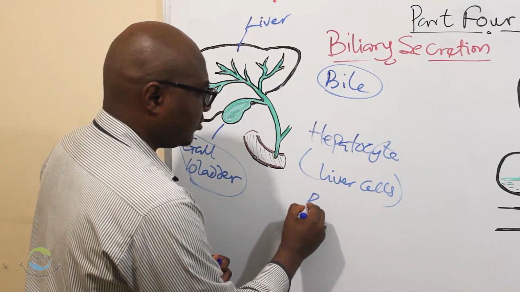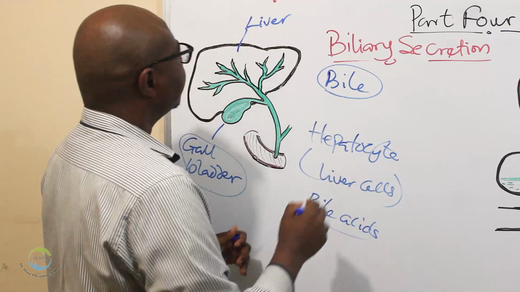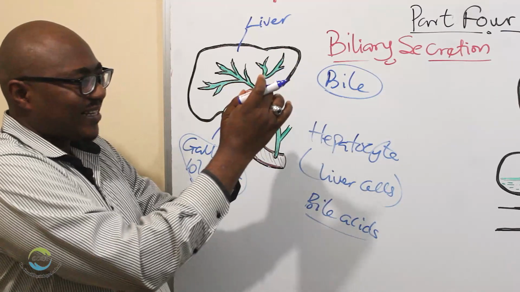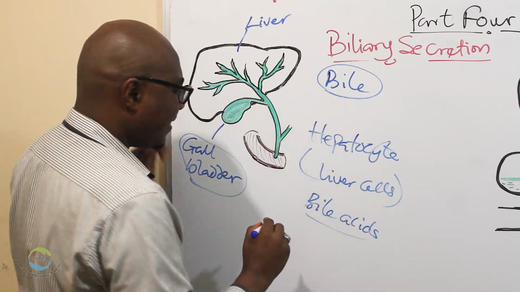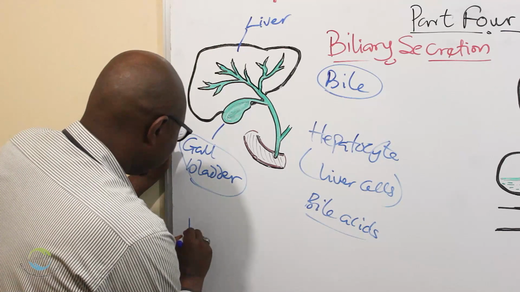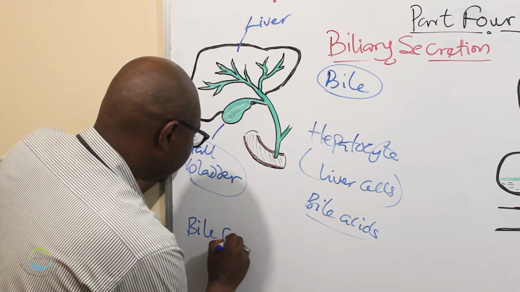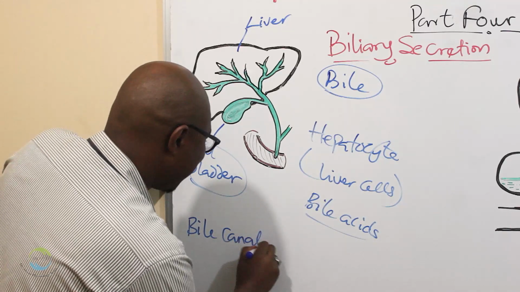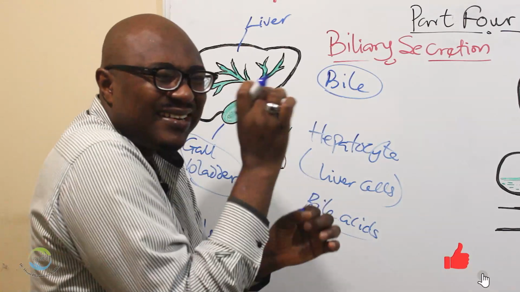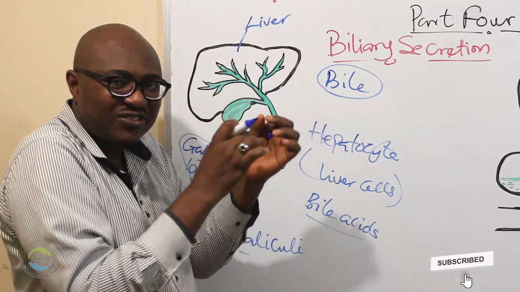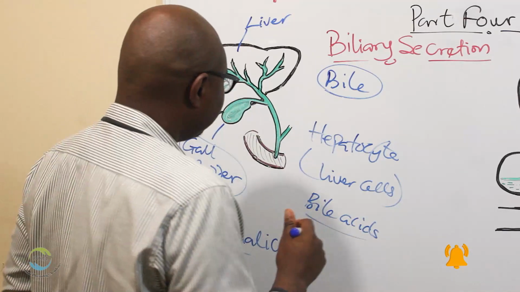In the real sense of it, they are called bile acids. So they are secreted from the liver cell into what is known as bile canaliculi. Canaliculi. Okay, that's tiny ducts. They are like ducts, but they are very tiny.